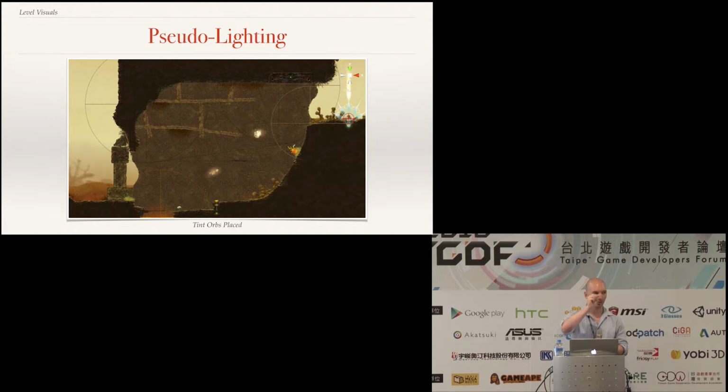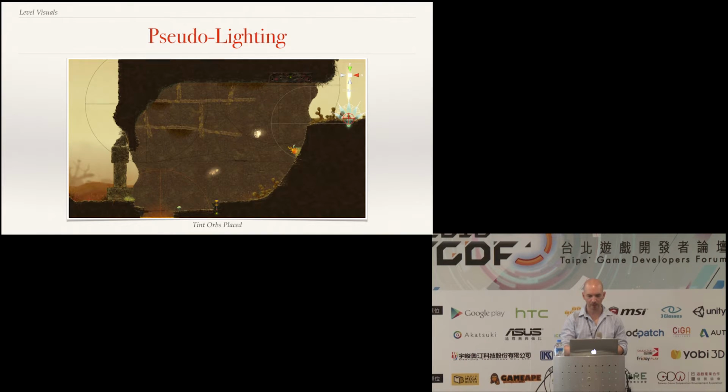Imagine that you have vertices under those orbs. The color parameter in those vertices is going to change, and this is how it looks. Just apply the colors as you see fit, and you can create any dramatic effect you want.